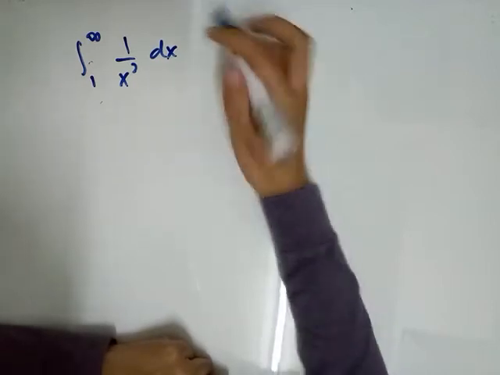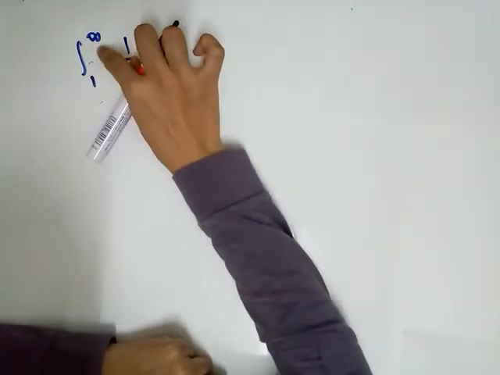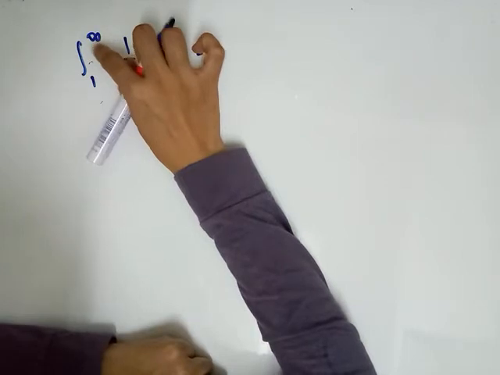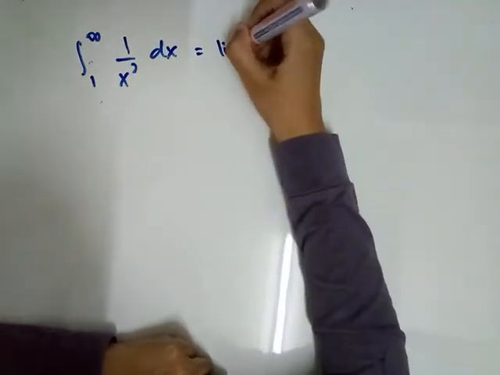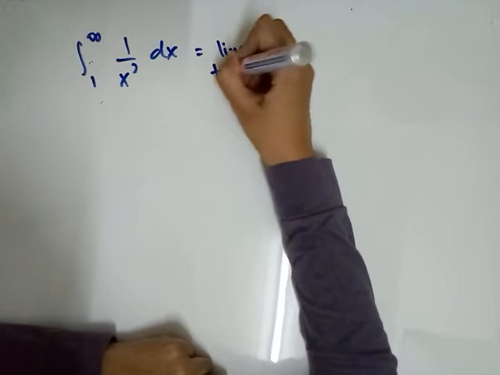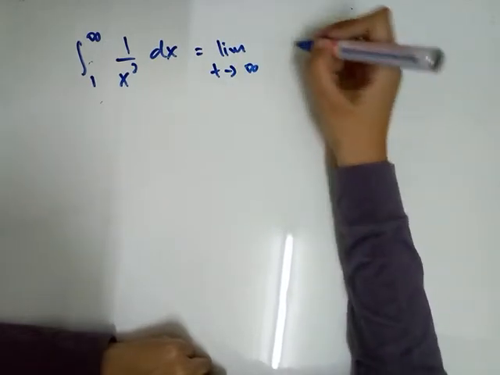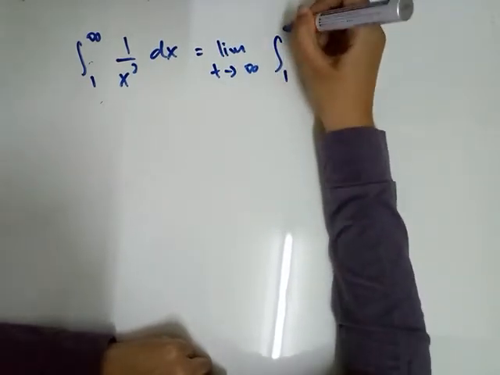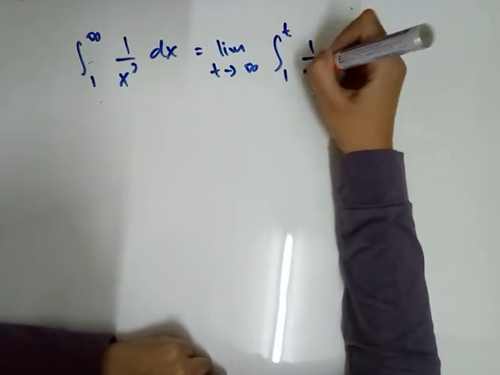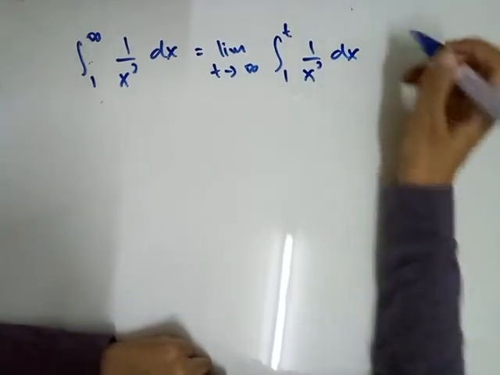Because of the infinity at the upper limit, we need to express it in limit as t approaching infinity, the integral from 1 to t of 1 over x squared dx.